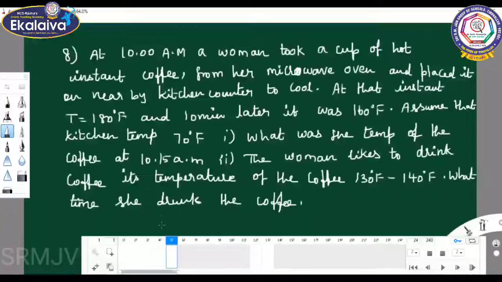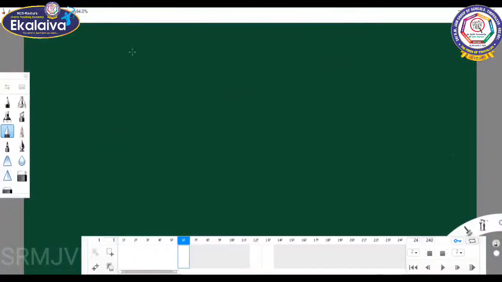Fahrenheit. See here, at 10 a.m., let T be the temperature of the coffee at any time t.